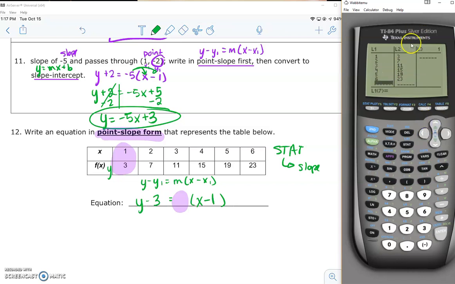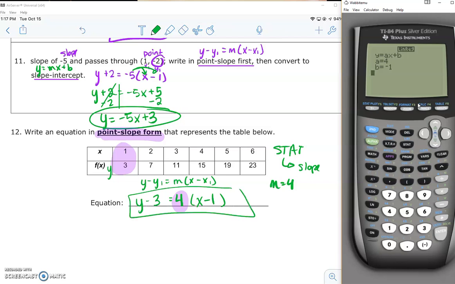There we go. Notice since my y values are increasing, I should get a positive slope. So I'm going back to stat, calc 4. It tells me that my slope equals 4. So my equation could say y minus 3 is equal to 4 times x minus 1.